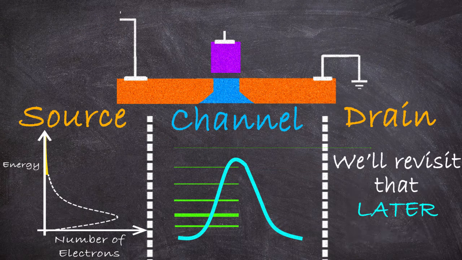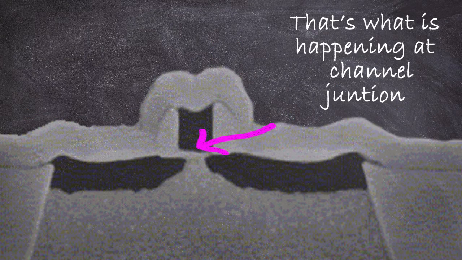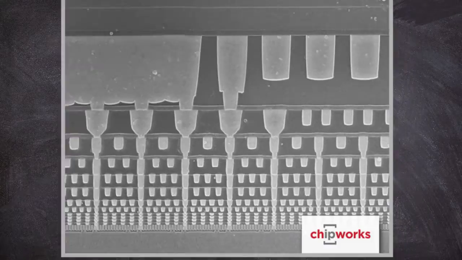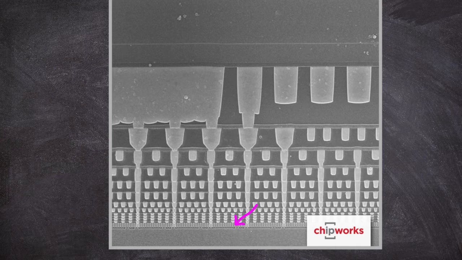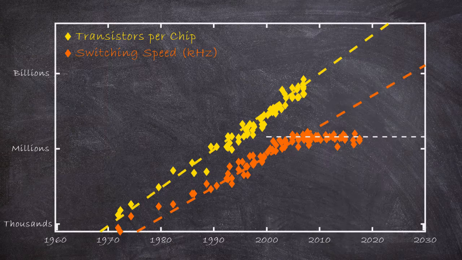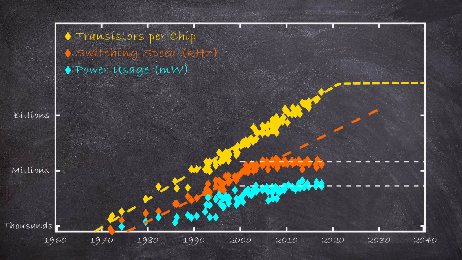We'll revisit that again. But okay, so now that we have an idea of what is going on inside a field effect transistor, or FET, what I want to discuss are two crucial, paradigm-disrupting, fundamental issues that are bringing the progress and development of computing technology to an end.